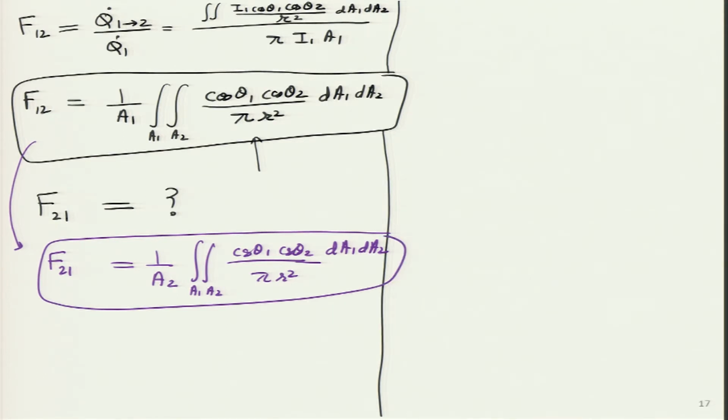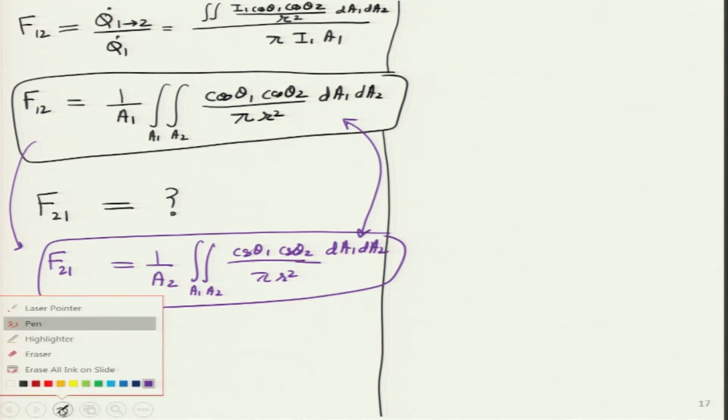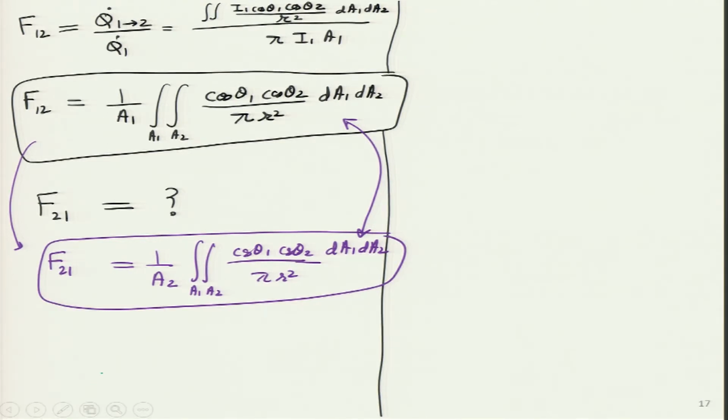Now, we can see very interestingly the terms inside the integration over here are actually same. It is only the 1 by area term which is different, which means if I divide both sides of these equations, these parts, the green parts over here, will get cancelled out, and what I will get is F12 area 1 equals F21 area 2.